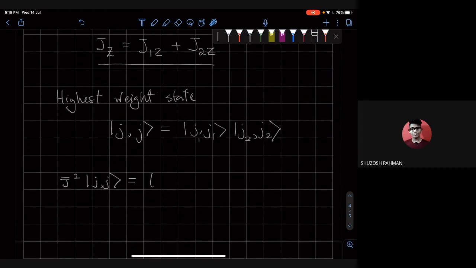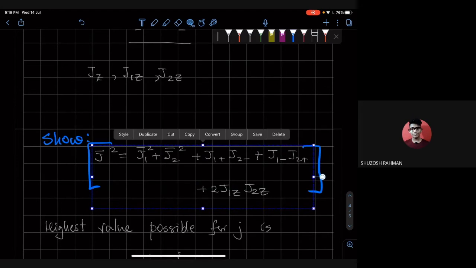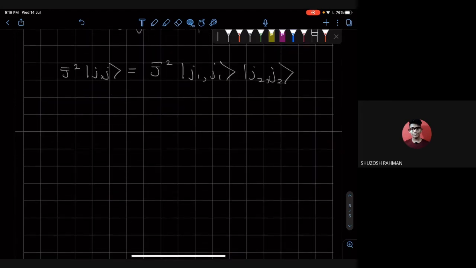So J squared is going to be applied to J1 tensor product with J2. Now, let me just copy and paste this expression, because it'll be good to have that.